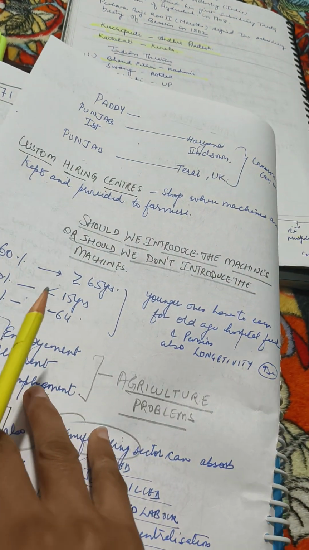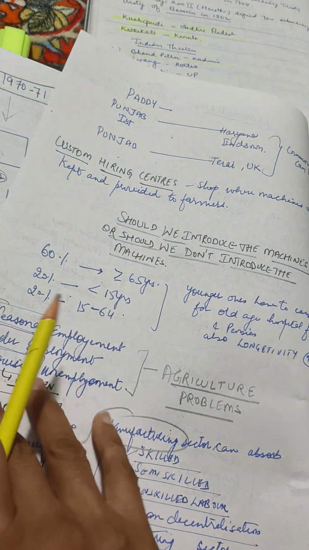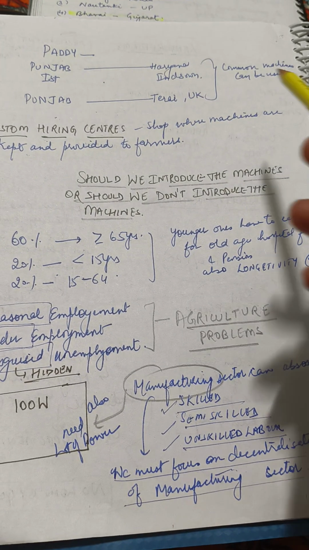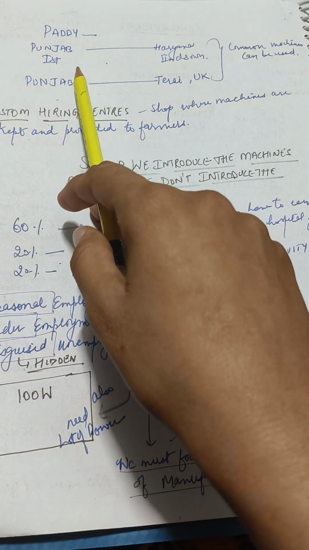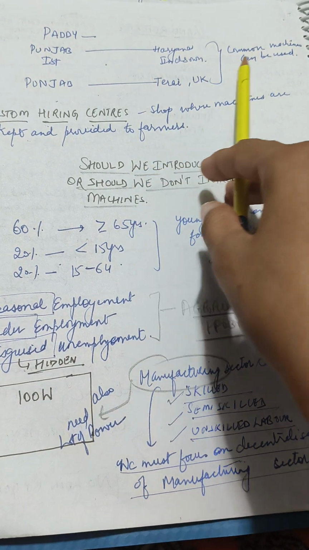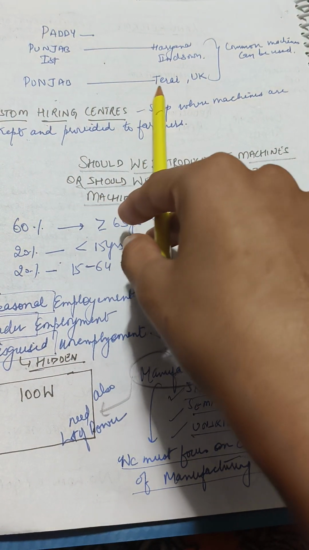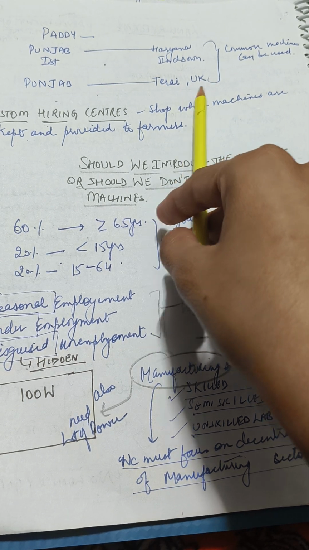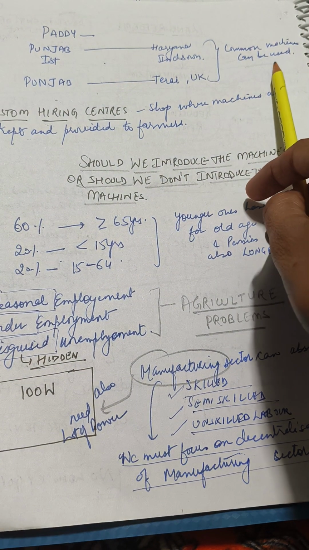Now, this is the last page, and then we are going to wind up this topic. That is paddy in Punjab first, second is Haryana, and then Punjab, Tarai and Uttarakhand. So common machines can be used.